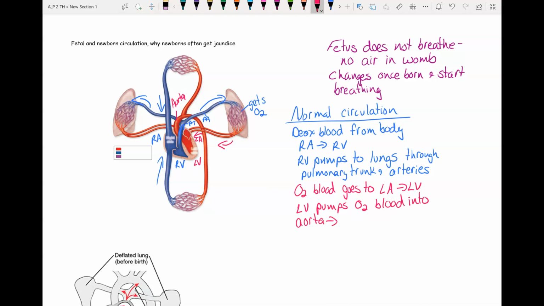And then that blood is distributed to the body. So anyone who's been born and is breathing is doing this system. Deoxygenated blood goes to the right side of the heart. It pumps it to the lungs. It gets oxygen, comes back to the left side of the heart, which pumps it to the body.